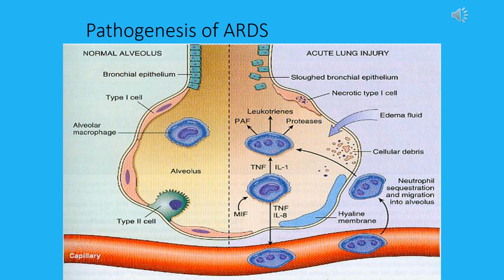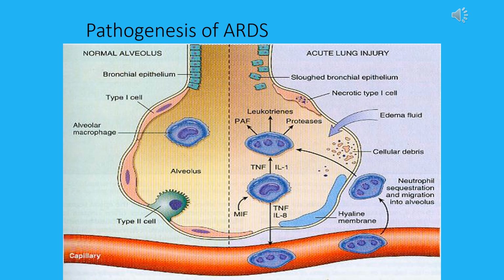Acute lung injury results from loss of alveolar capillary membrane integrity, excessive transepithelial neutrophil migration, and release of pro-inflammatory cytotoxic mediators.